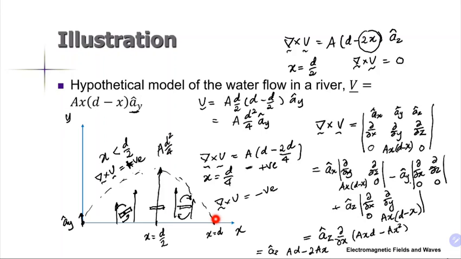So the curl is the vector field in the z direction. That helps you to visualize what curl is. Okay, so that is curl.